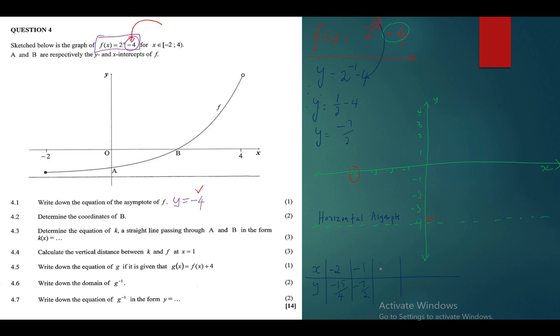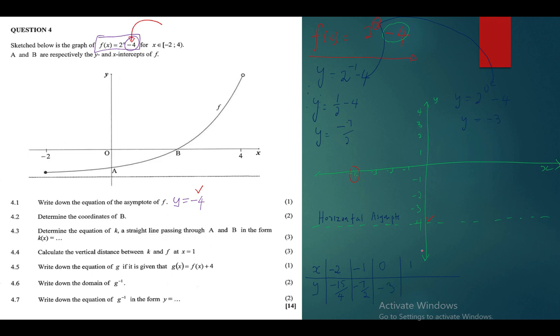Then when x is 0, y is negative 3. You say y equals 2 to the power 0 minus 4, where there is x, we now put 0, which is y equals 2 to the exponent 0 minus 4, which is negative 3. So y is negative 3.